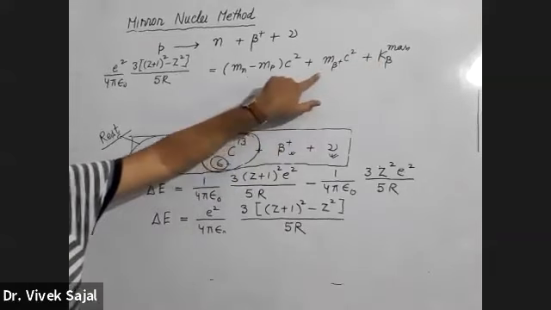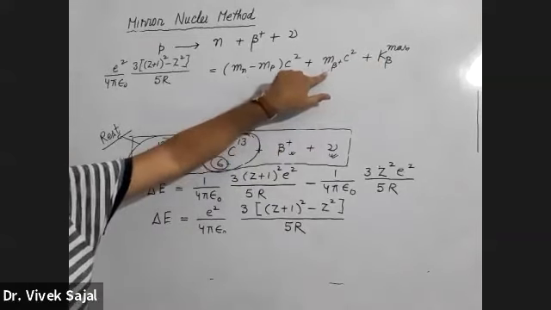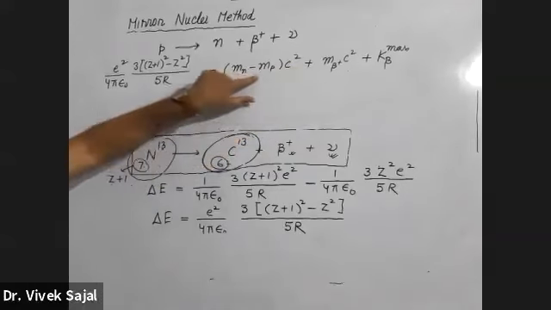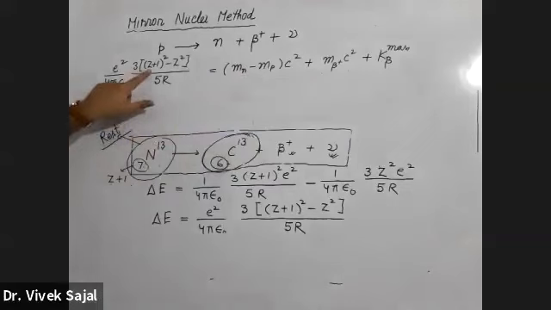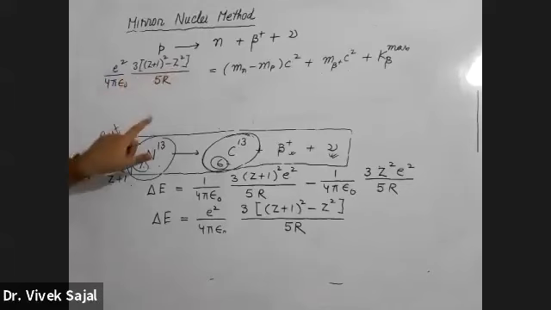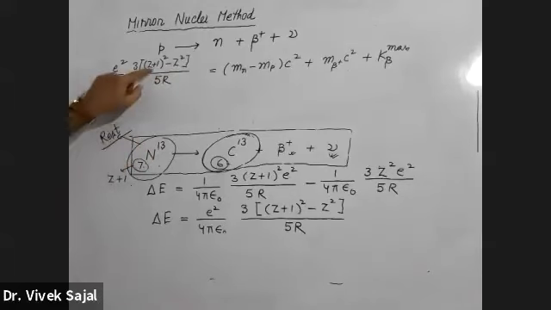This is a constant, we are aware of this: 0.51 MeV. We also know the value of Z and Z+1. Here Z+1 is 7 squared minus 6 squared. Now only R will be unknown, and from this equation you can find the value of R.